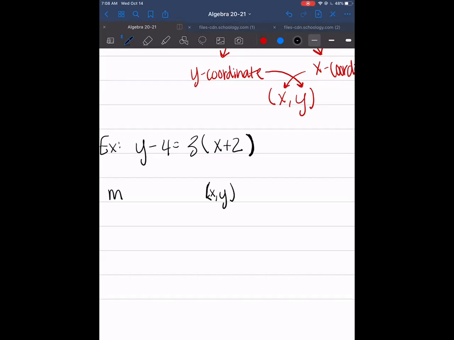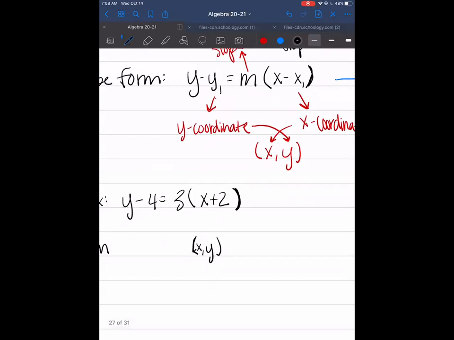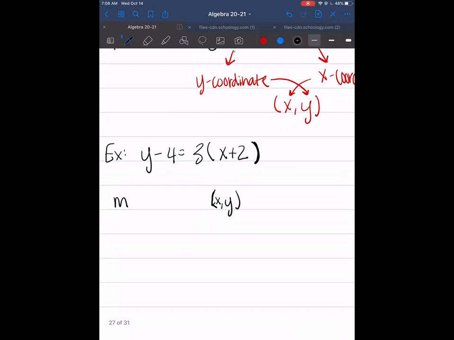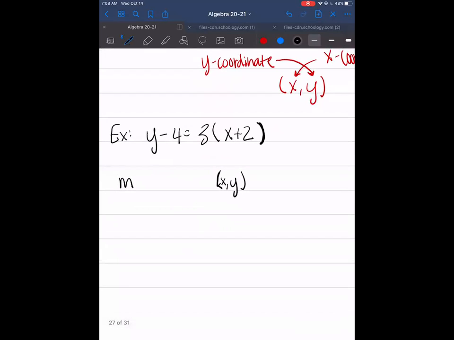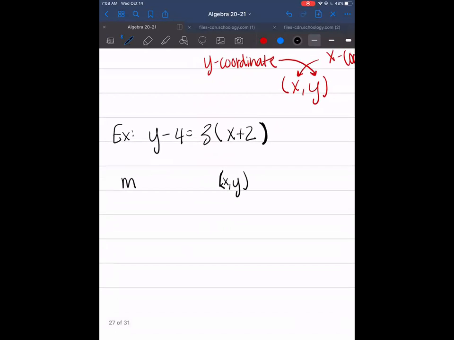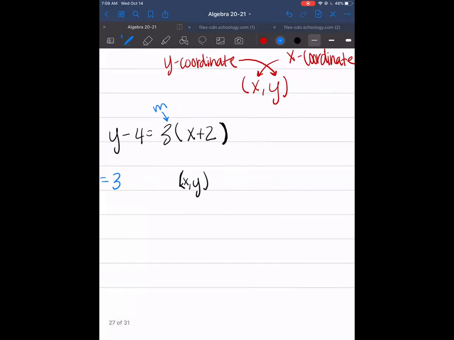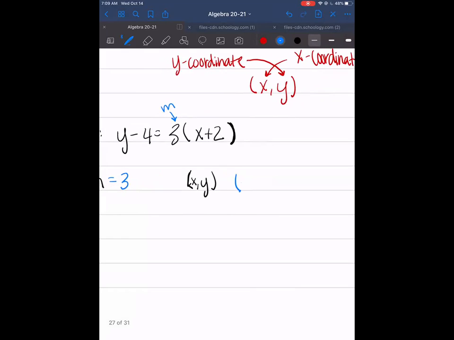Based on our formatting of y minus y1 equals m times x minus x1, and we're going to repeat that a lot, what is my m? I'm hoping you said 3, because here is my m. And then my ordered pair would be -2 and 4.